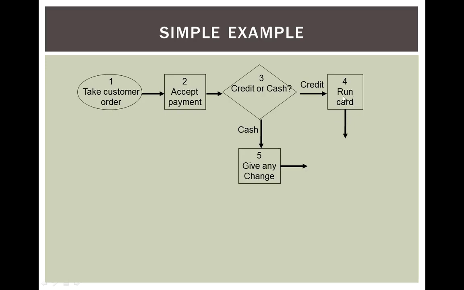Now, is there more stuff in this? Absolutely, there's a whole lot more that can go into this, and we can make it as detailed as we want to, depending upon what we want to look at. Could we make this run card its own little flowchart? Yeah, absolutely.